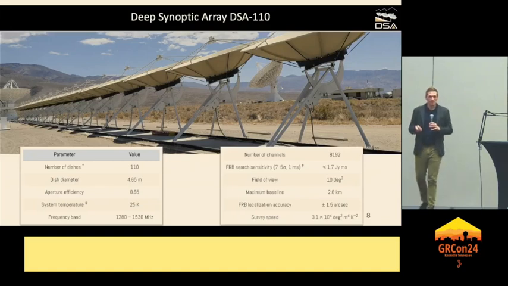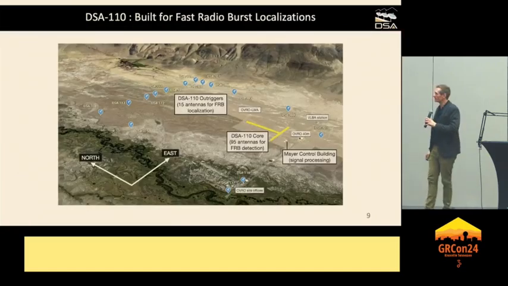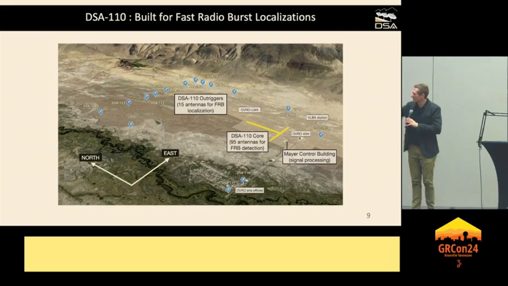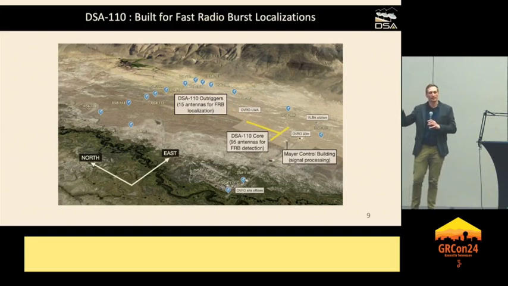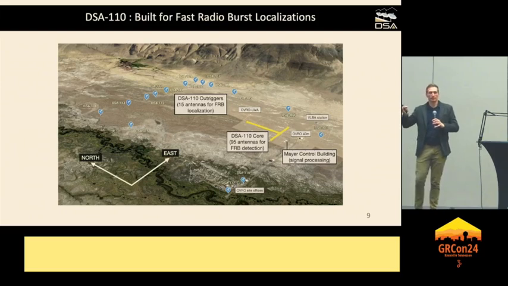DSA-110, well, as I said, it's 110 antennas. That's exactly what it looks like. There's a massive T of 95 antennas. That's the yellow T at the center of our observatory. And then we have a lot of outriggers. Basically what we do is we beamform the data from the 95 core antennas to get high sensitivity capability towards the sky to detect fast radio bursts.